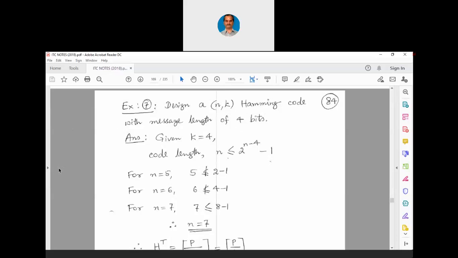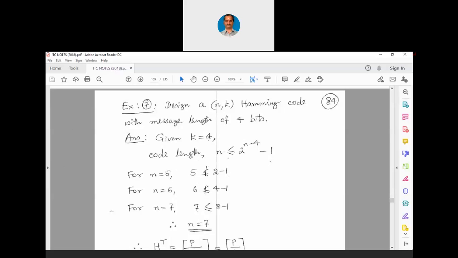So now we have to design a Hamming code. Given k is 4, the code length n has to satisfy n less than or equal to 2 power n minus 4, minus 1. Now for n equals 5, look at this. 5 should be less than or equal to 2 power 1 minus 1. That is not being satisfied if we consider n as 5.